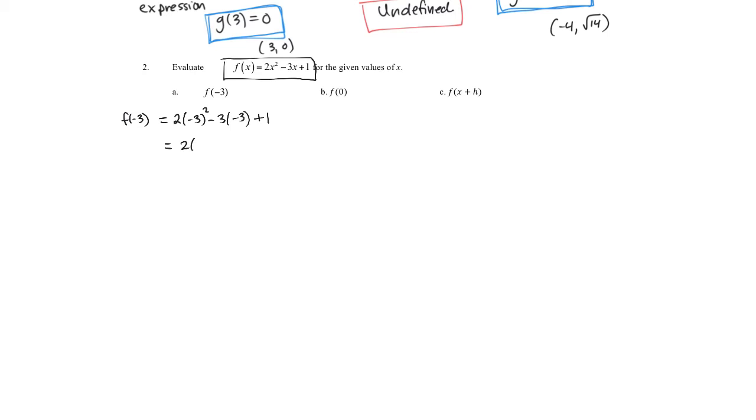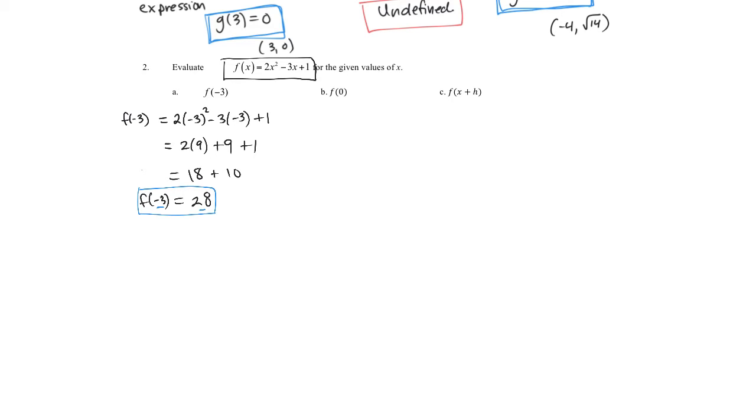Okay, so 2 times 9, and then plus 9 plus 1, we would get 18 plus 10, so 28. And that is not an equation there, that's simply an ordered pair, just saying what is the output when the input is negative 3, the output's 28.